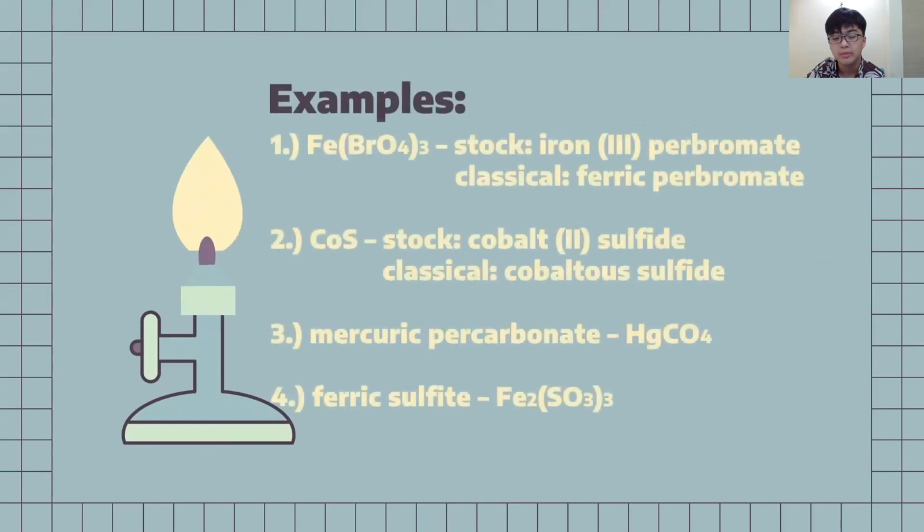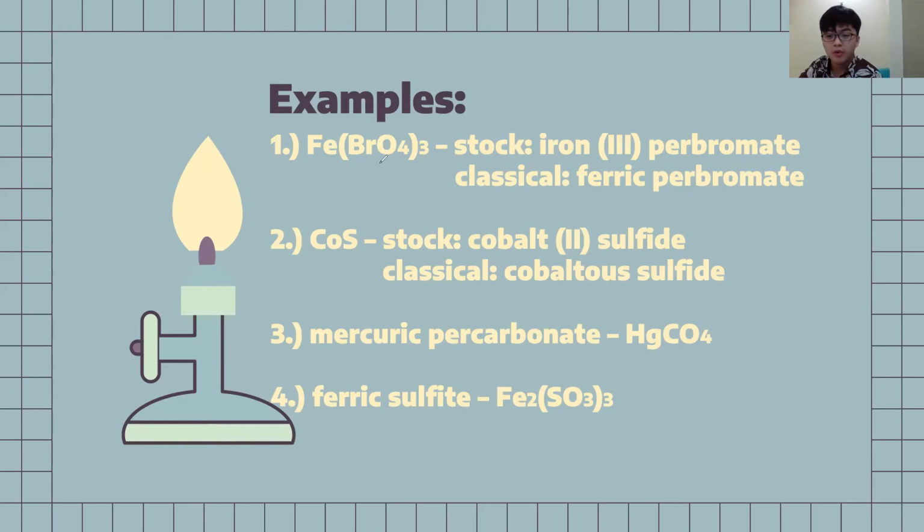So here are the examples. First, we have Fe(BrO4)3. First, we name it using the Stock system. So Fe is iron. So here we have BrO4. Because the cation has two possible charges, we first define the charge of the second element.